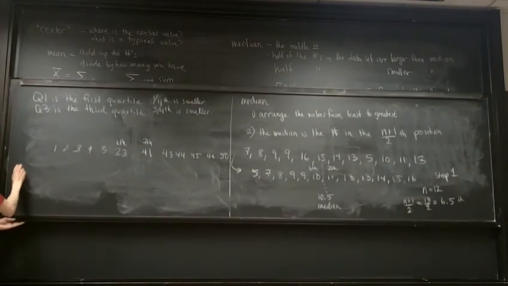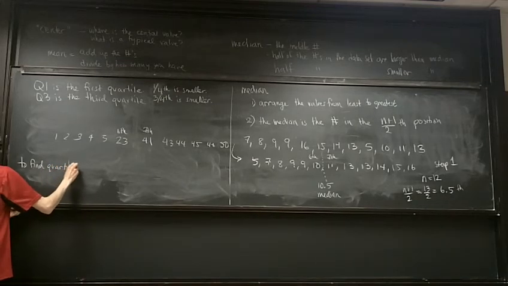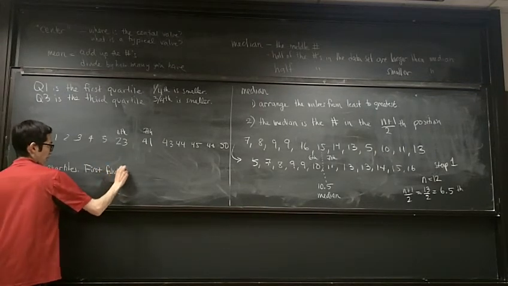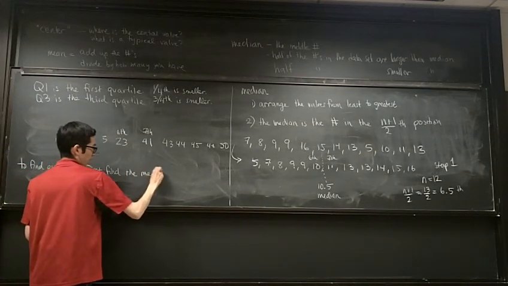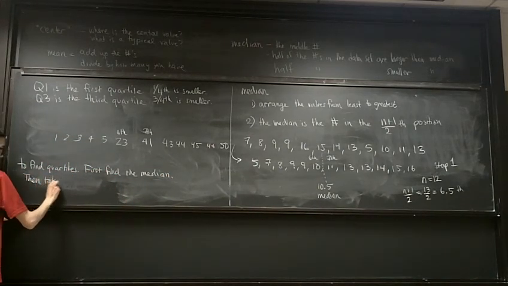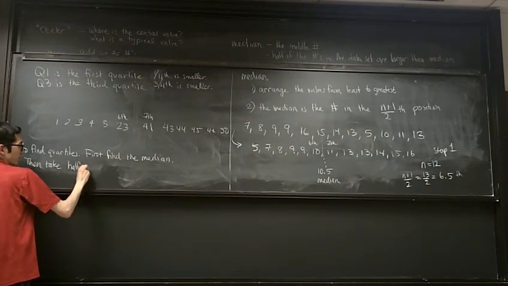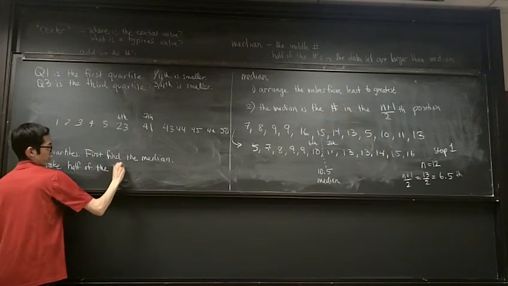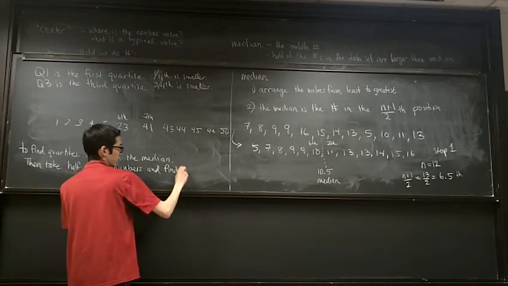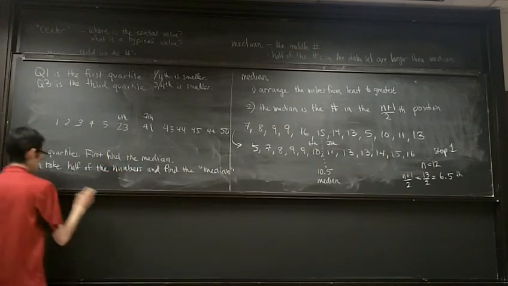To find quartiles, first find the median, and take half of the list, or half of the numbers. And then find the median of those numbers.